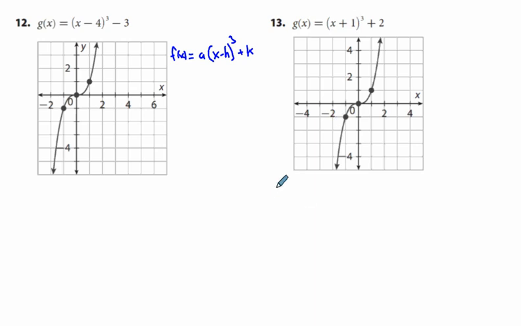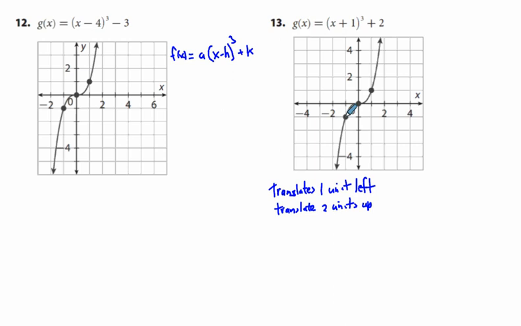So it translates one unit to the left. And this 2 will translate 2 units up. So we can take each reference point.